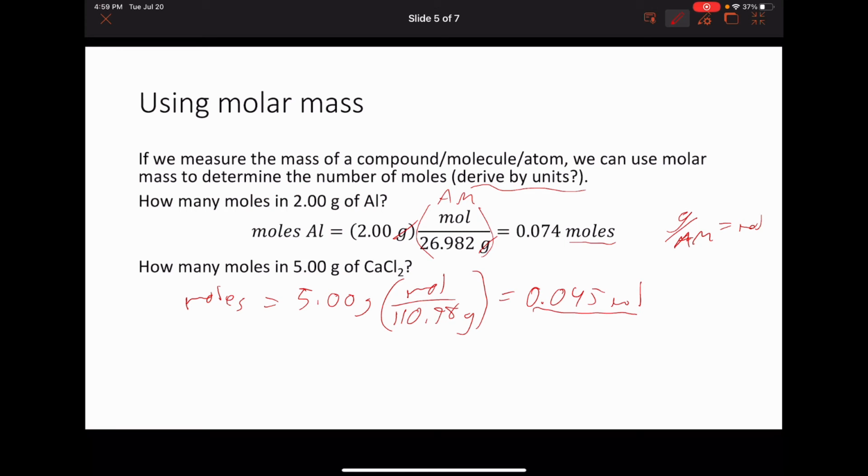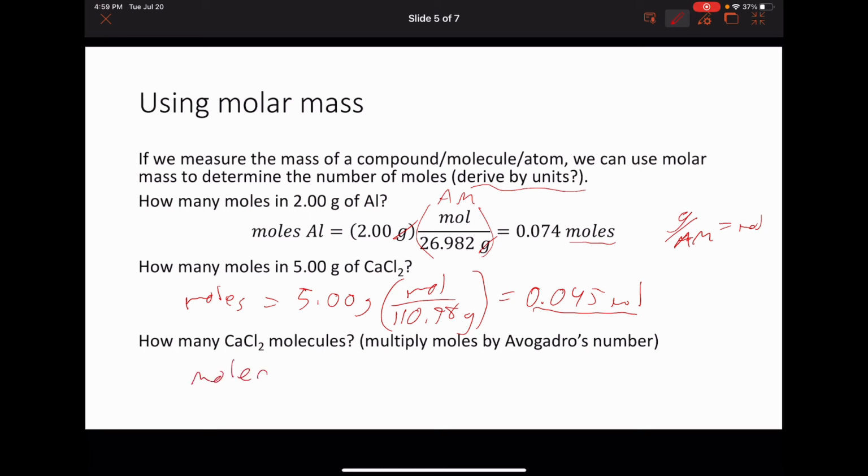Now we could take this even further, and we could derive how many molecules we have of calcium chloride in 5 grams. Basically we would multiply that value by Avogadro's number, right? N sub A is the subscript for that, so 0.045 moles, because Avogadro's number is the number of anything in a mole.